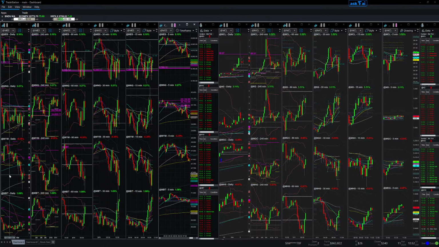Small body candle. The daily on the Dow. Small body. Small body on the crypto. Small body on oil. Small body. The only one that has a bigger body is gold right now. Small body. Oh no, I'm sorry. That's not gold. The day I decided to not trade nat gas, it has a bigger body candle. Gold. Small body candle. Copper, small body candle.